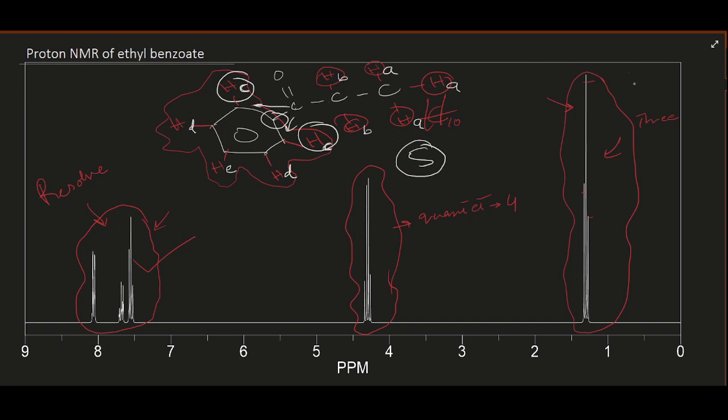So the first peak will give us a triplet. Why is there a triplet? Because a triplet tells us how many protons are in the neighborhood. This is a CH3 group. We will not look at how many protons are on the CH3 group, but at how many protons are in the neighborhood of the HA proton.